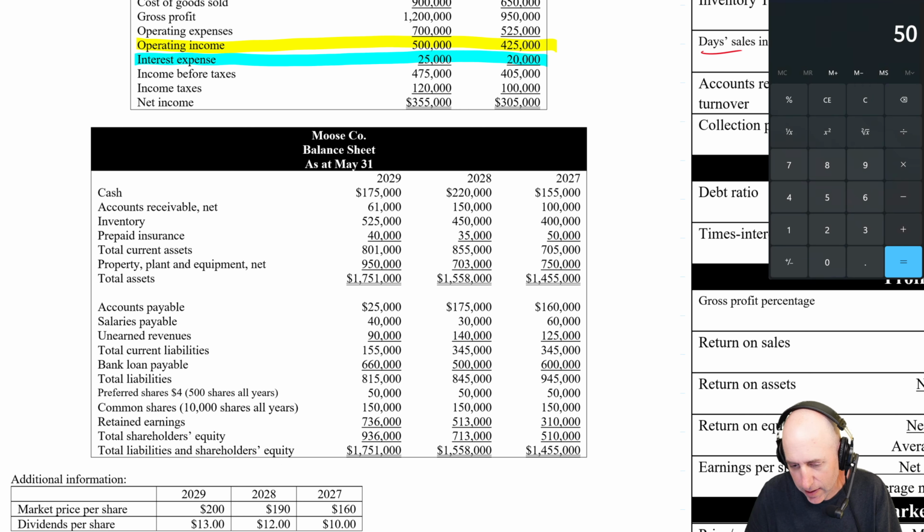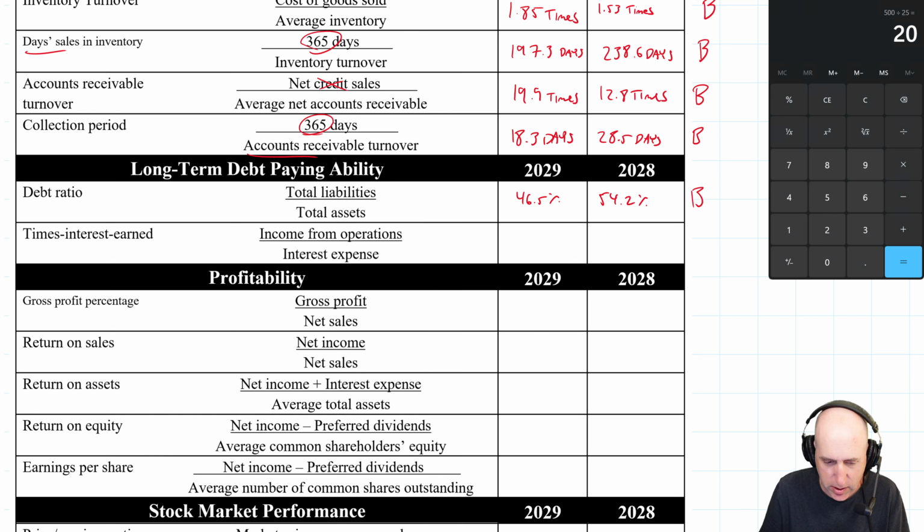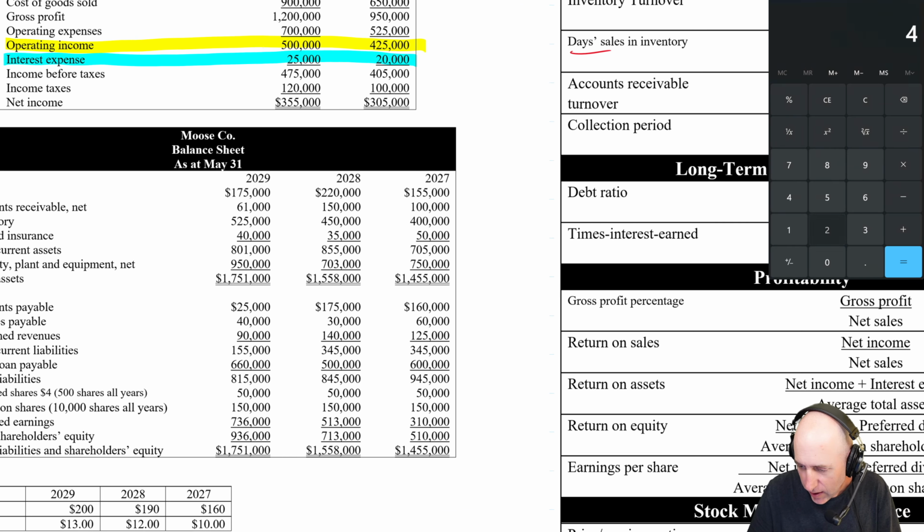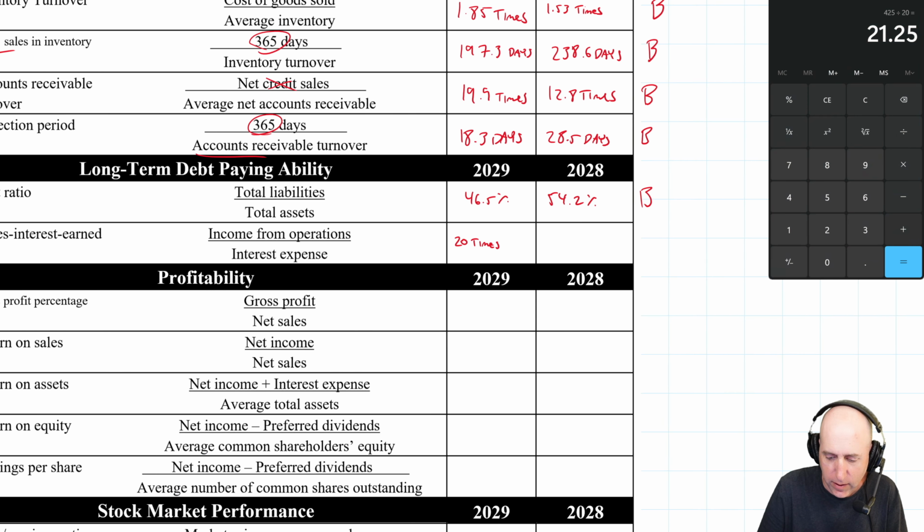So this year it's 500,000 divided by 25,000. It's 20 times. The answer is in times. So 20 times. And the year before, 425 divided by 20, 21.25 times.